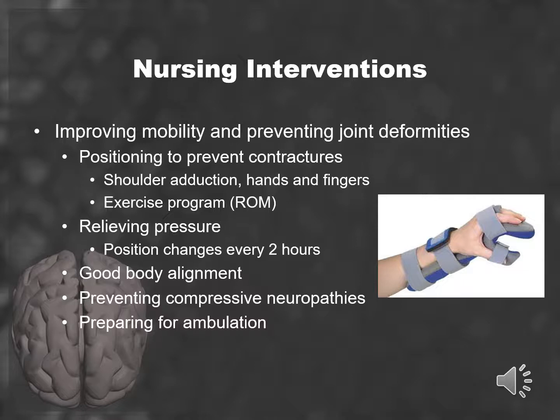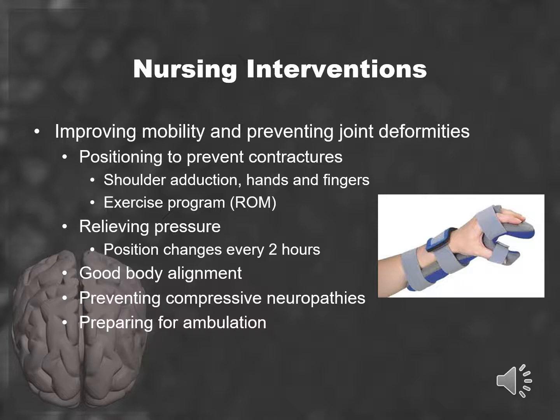Now, when we look at good body alignment, our goal is basically for that patient to maintain normal body alignment, so sitting up properly, and sometimes we have to use pillows and other devices to help us maintain that body alignment. Another goal that we have is to make sure that we're preventing some of those compressive neuropathies.